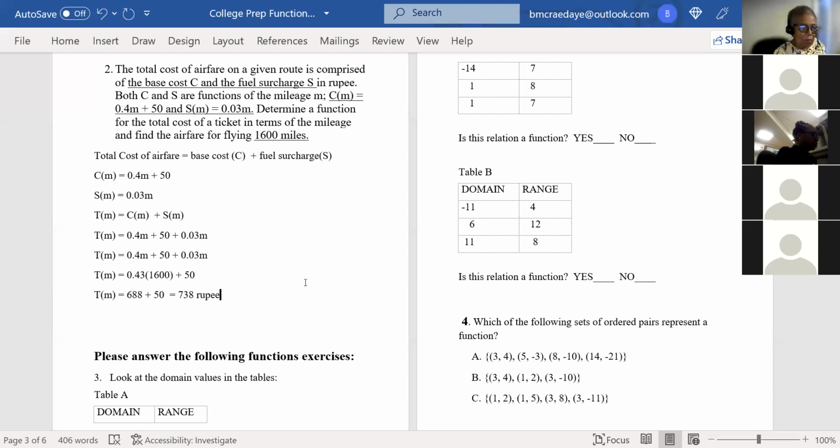Think of if a plumber was doing work and he said, okay, I'll charge you $50 plus $40 an hour, right? So you've got $50 plus $40 an hour.